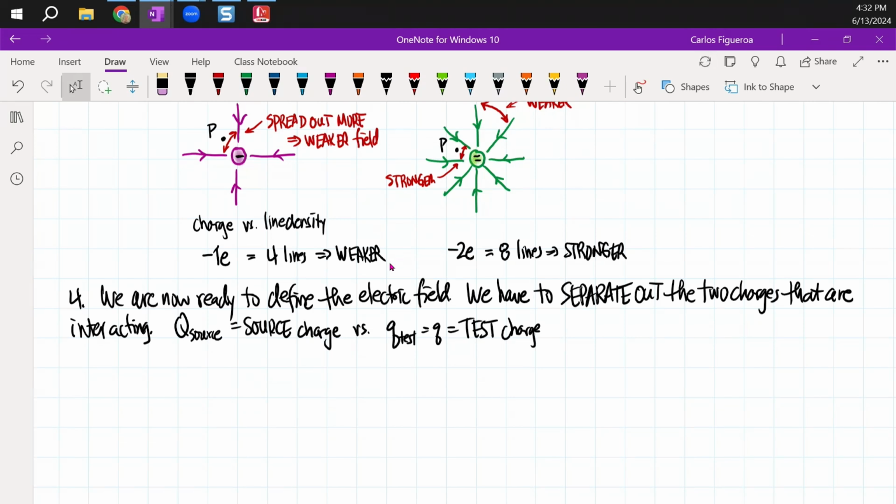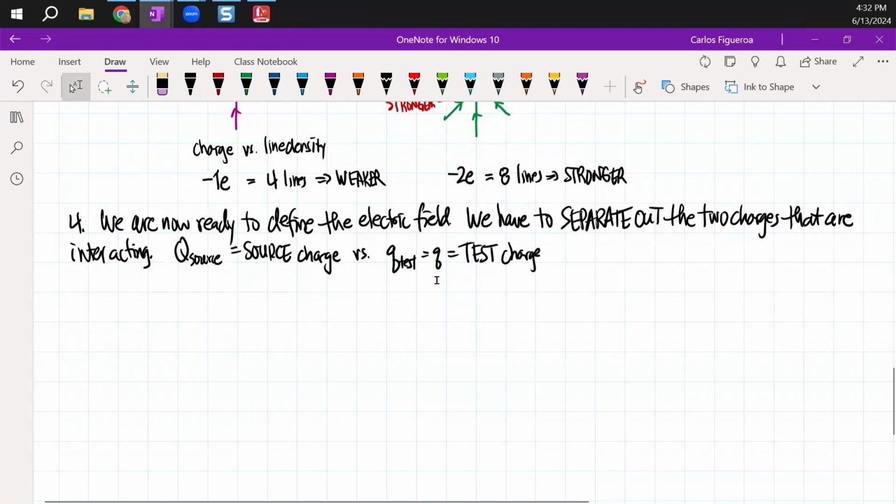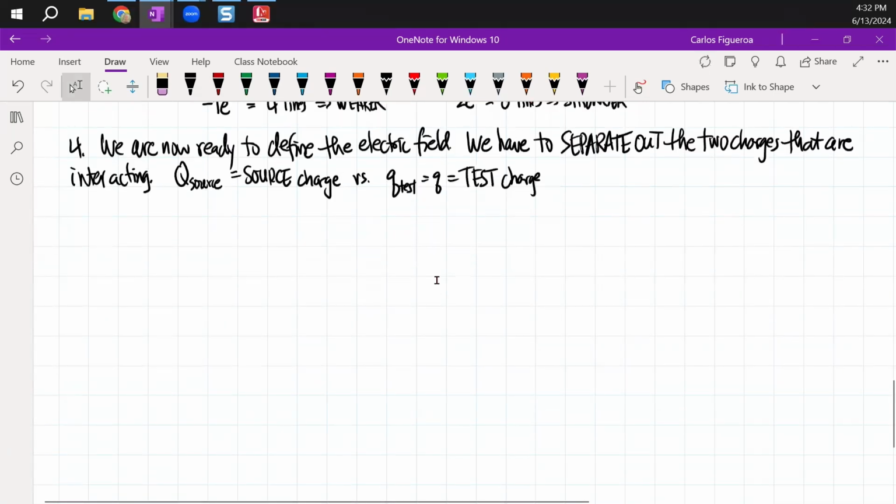So let's do that now. So when we have an electrical interaction between two charges, we sample the strength of the field by placing a tiny test charge in the field. Okay, so remember, if we're talking about the electric force, that's what we would do, but that's not what the electric field picture is. So we want to do two things here.